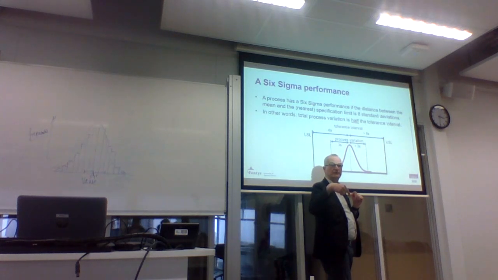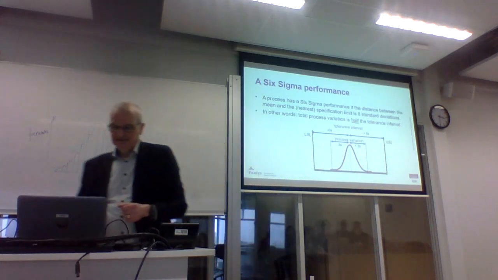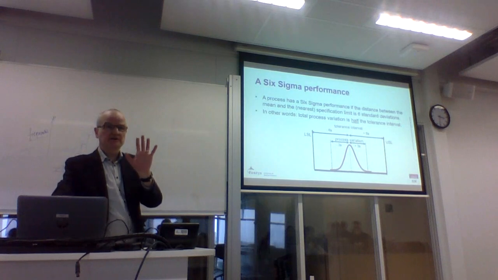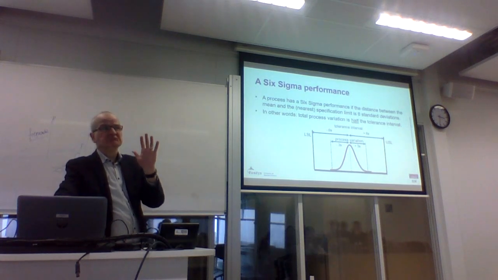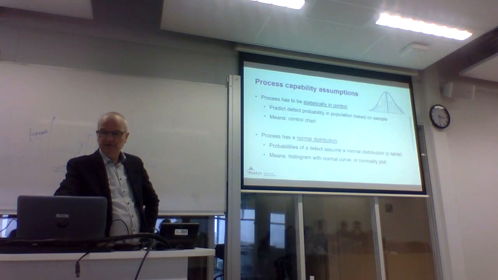The CP of 2. CP of 2 means the Six Sigma process. Okay? And then hopefully the CPL and the CPU also are not different. That's the Six Sigma process. Now you know what a Six Sigma process is. To get there, you need to do a lot of things. But that's what we mean by Six Sigma.